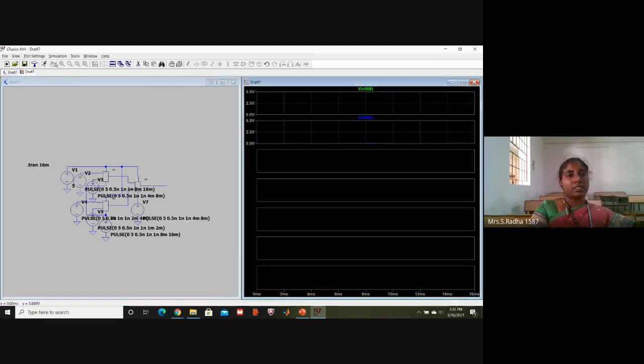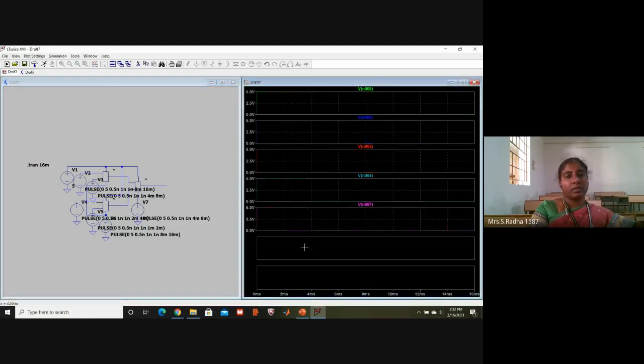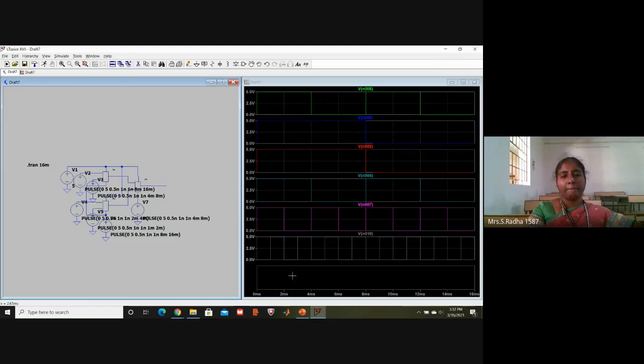Next, the first input, this is our multiplexer first input, and the second input. Now the third input, and the fourth input, this is the last input for the multiplexer.